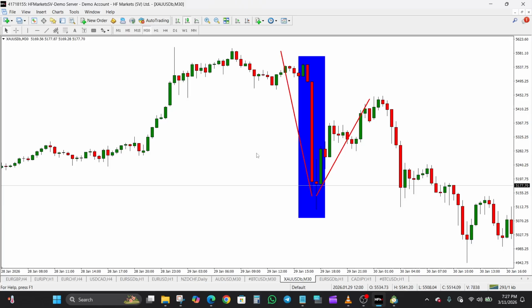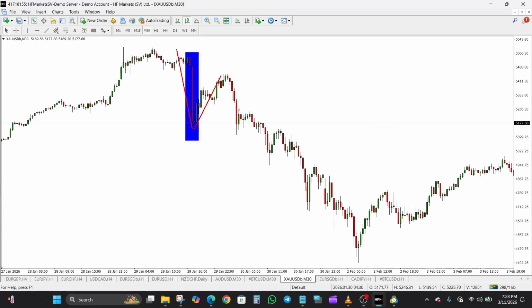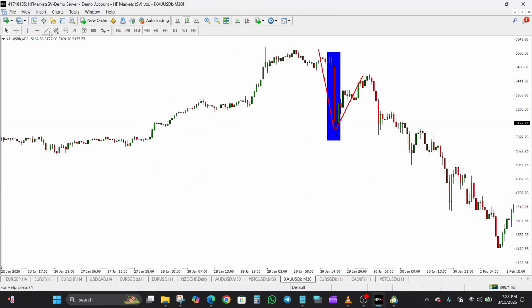Now, during a flash crash, price may move rapidly through multiple levels, which can trigger stop losses or close positions unexpectedly. Now, imagine if you had been on a buy trade, right? You can see that during this period, gold was on a bullish trend, right?